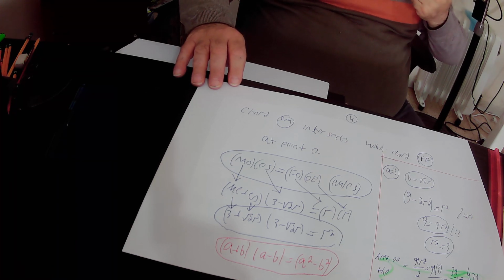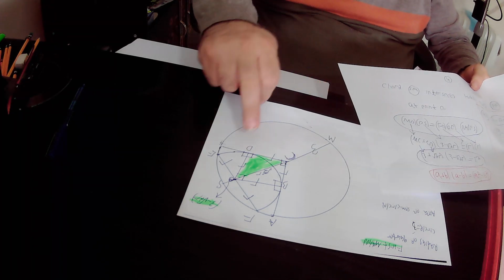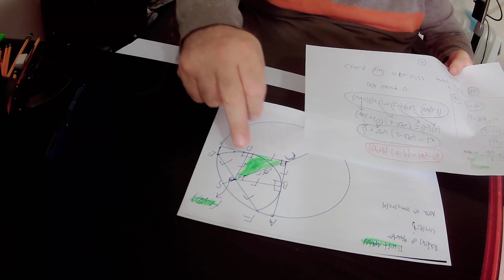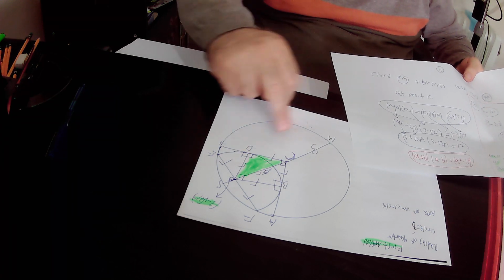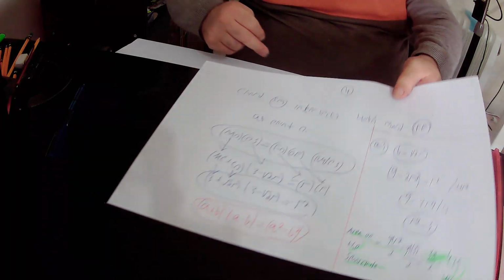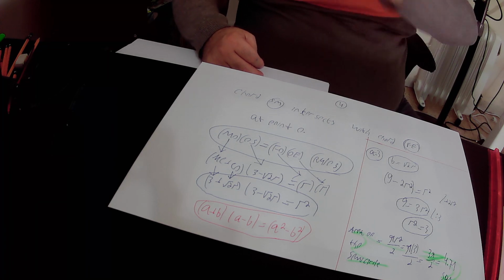Therefore, according to rule number 3, MO times OS equals FO times OE.